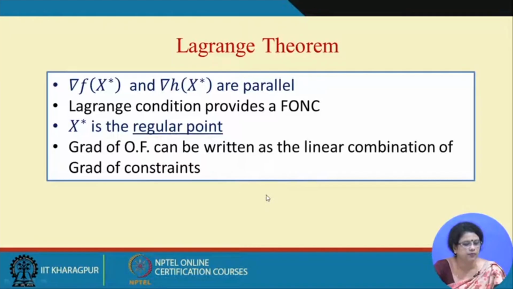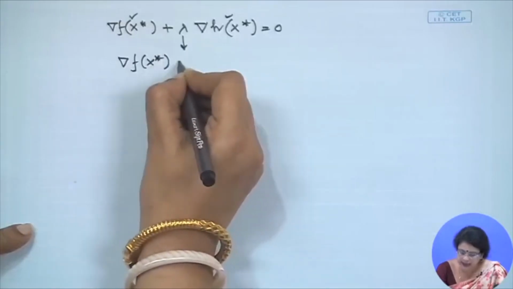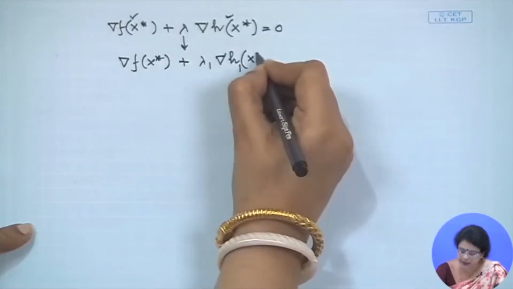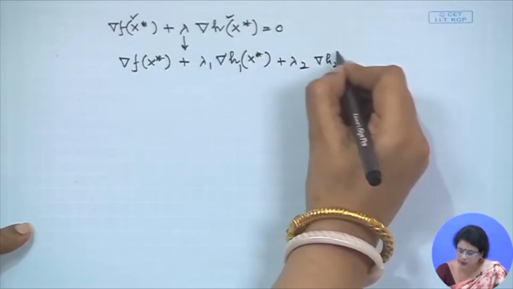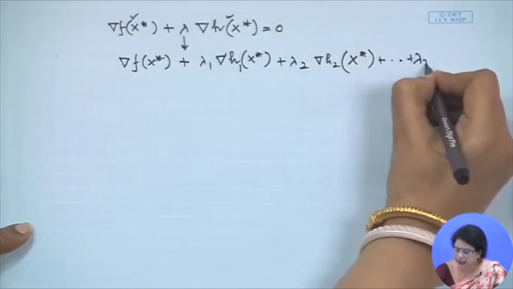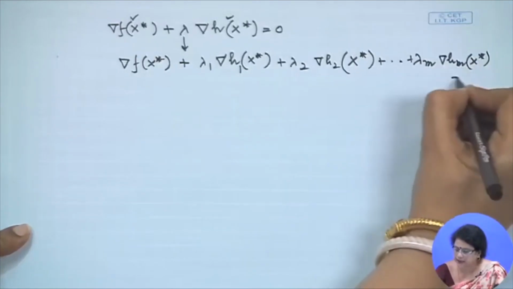Now, as I said, the gradient of the objective function is parallel to the gradient of the constraint. But if we have more than one constraint, then what do we do? We write grad of f at x star plus lambda 1 grad of h 1 at x star, because I consider more than one constraint together, plus lambda 2 grad of h 2 at x star, up to, if there are m constraints, lambda m grad of h m at x star equal to 0.